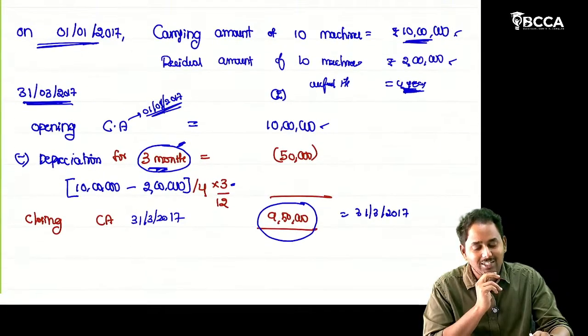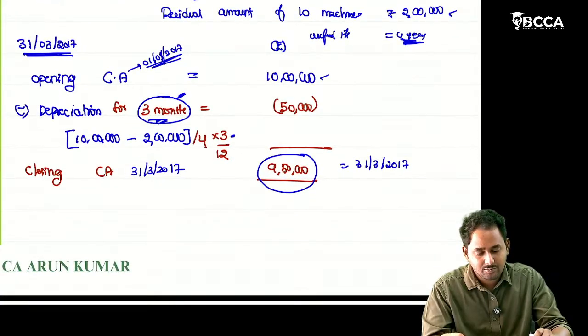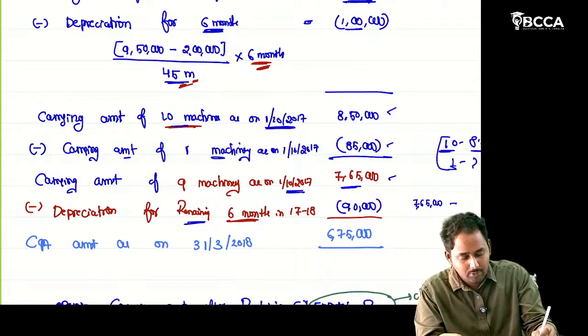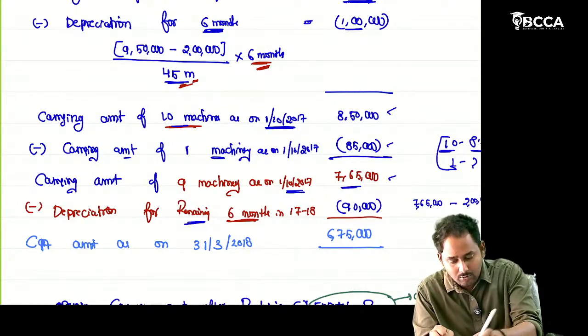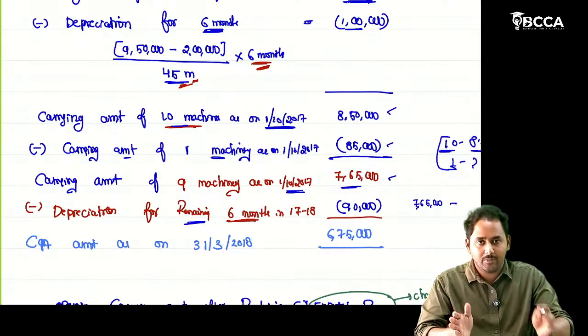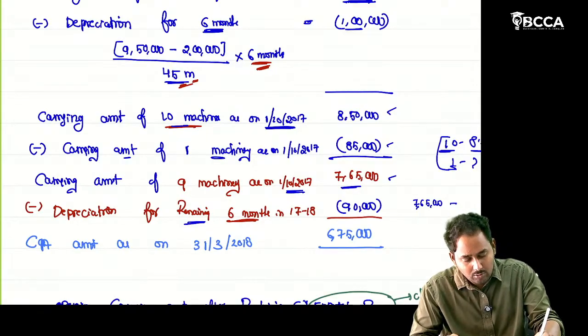What is the total residual value? 2 lakh rupees. So you want me to deduct 2 lakh rupees, right? No. Because this 2 lakh rupees residual value is with respect to the entire 10 machines. Now how many machines are there? Only 9.